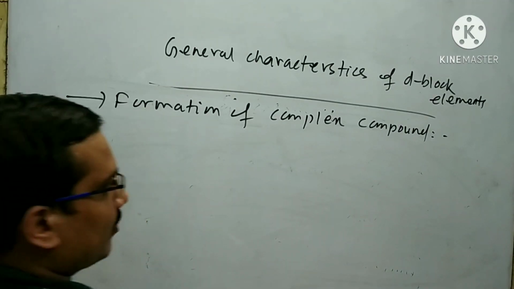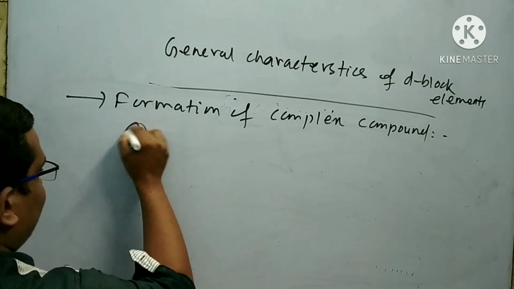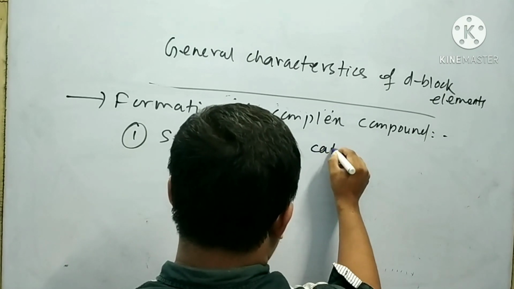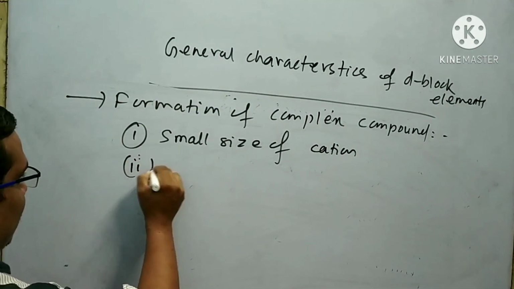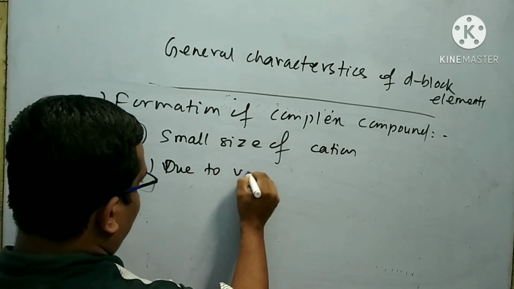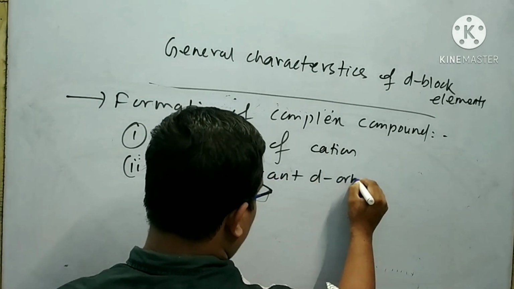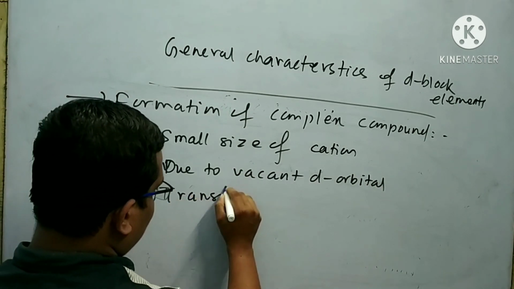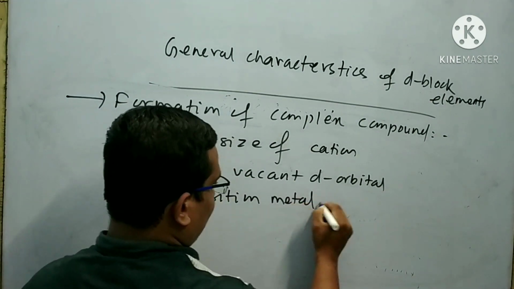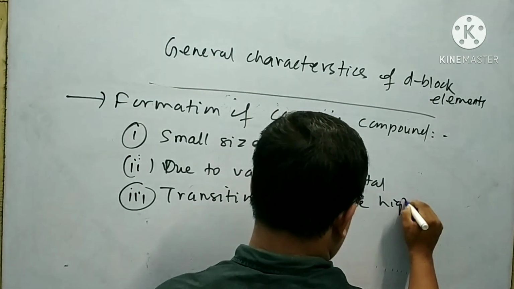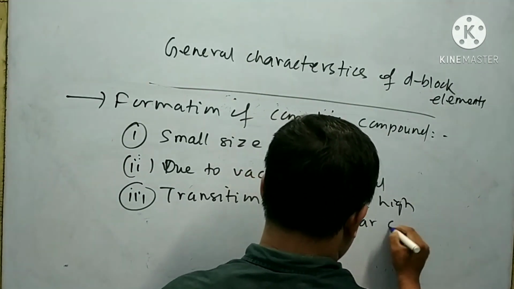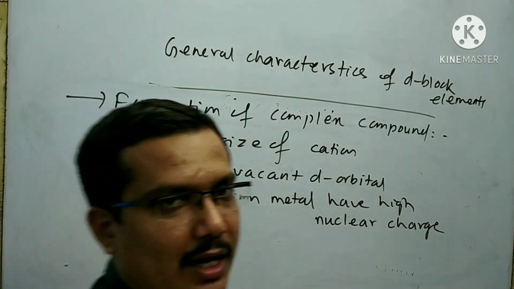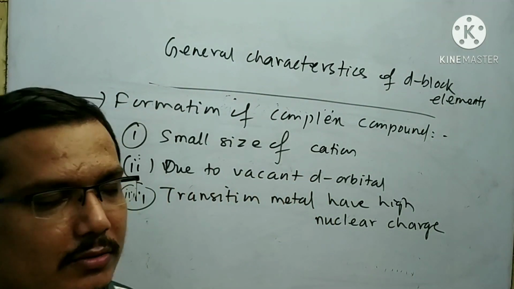Transition metals generally form complex compounds due to, number one, the small size of the cation, number two, the vacant d orbitals. The next point is that transition metals have high nuclear charge. Due to these three causes, transition metals can form complex compounds.